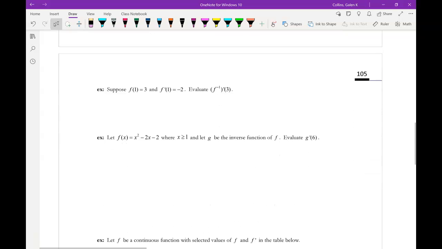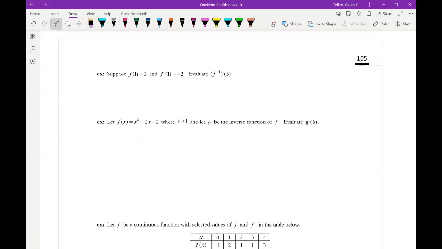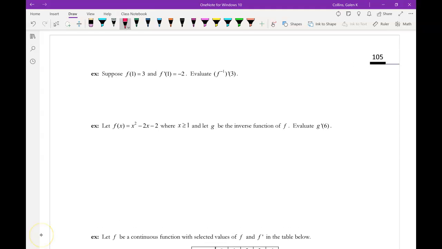Okay, so let's try some of these examples on page 105. All right, in the first example, we're given that f of 1 is 3. So if it's helpful, I could think of (a, b) as the ordered pair (1, 3). I'm also given a value for f prime of 1, so I could think of that as my f prime of a.